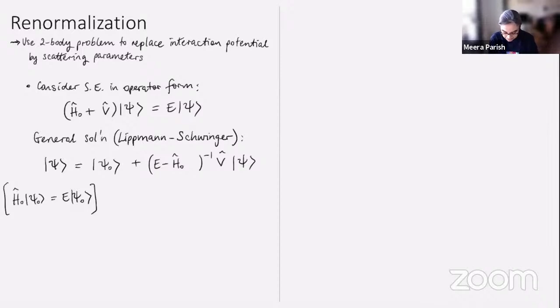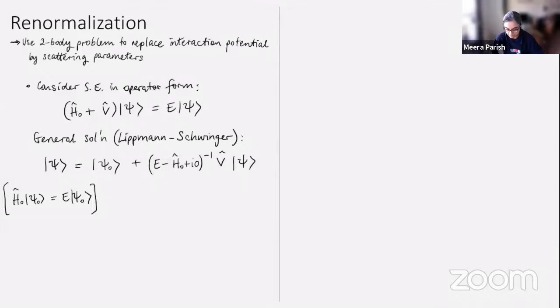Now you might worry about whether I'm allowed to do this, whether this actually has an inverse, because what about if this part equals 0? The trick is to introduce a very small imaginary part, which we often denote as plus i0.